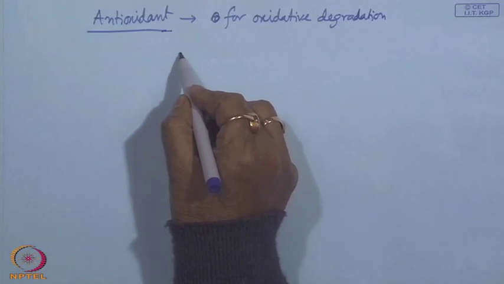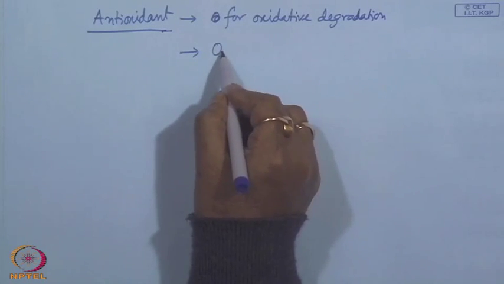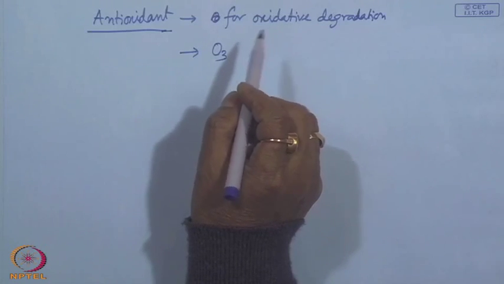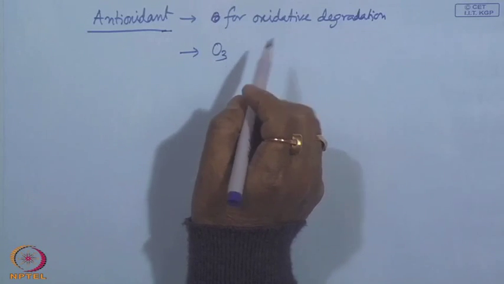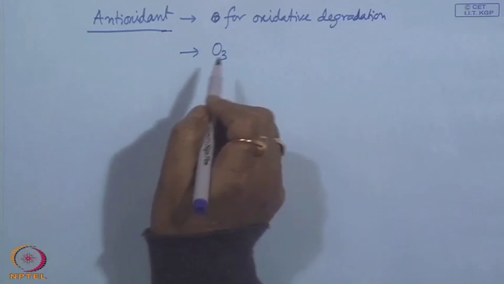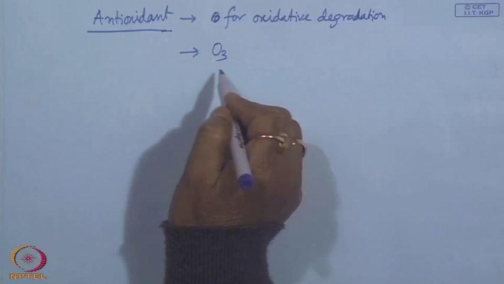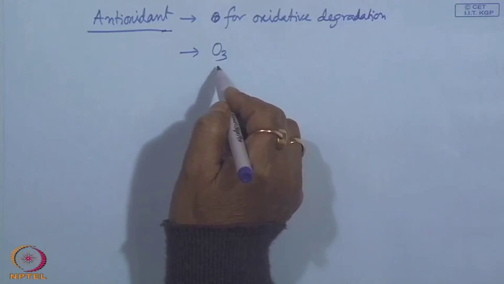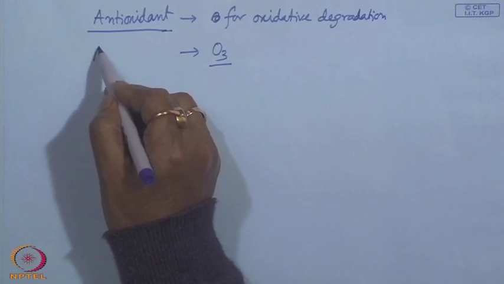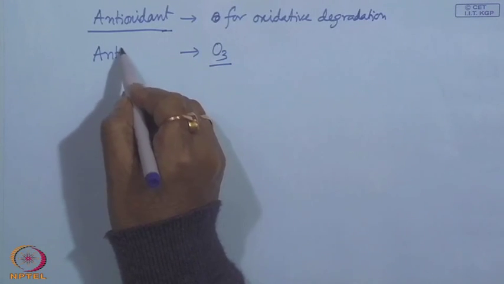Now, if the degrading agency is ozone, there are certain regions on the earth's surface where the atmosphere contains higher ozone concentration. To prevent the rubber product from degradation by the presence of ozone in the atmosphere, that compound is known as an anti-ozonant.